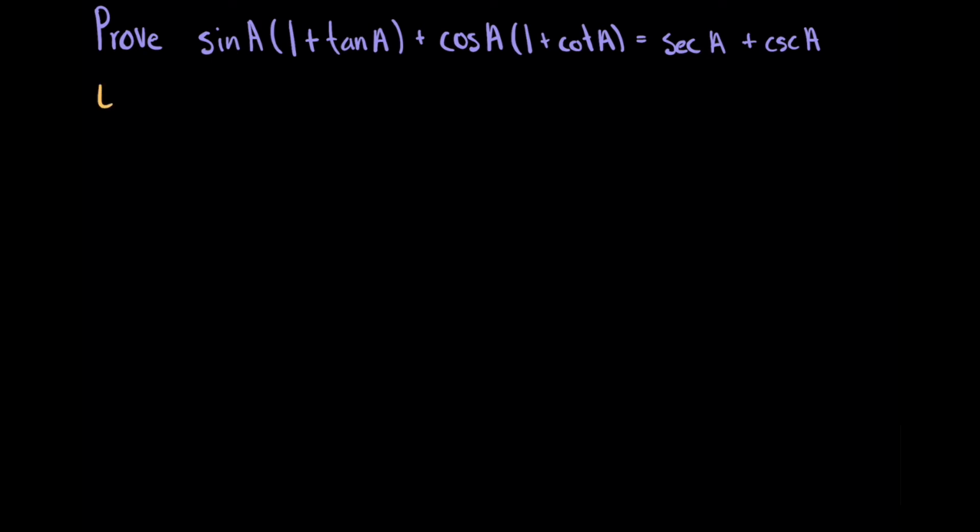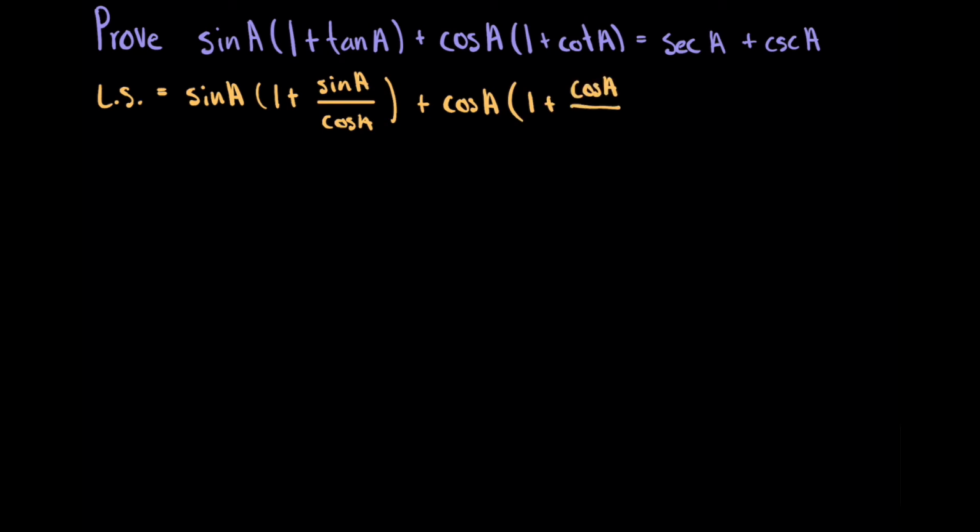So we say that the left-hand side is equal to sine A times (1 plus tan A), where tan A is sine A over cosine A, and then plus cosine A times (1 plus cotan A), and cotan is cosine over sine.